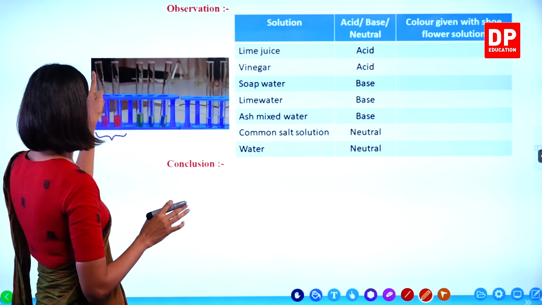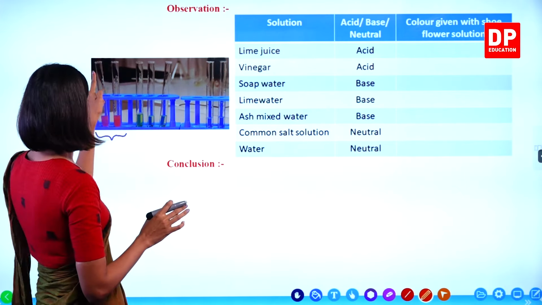So you will realize what the color changes are, just as I did, okay? So what color change took place with acids when you put a few drops of shoe flower boiled water into acids? It gave a very bright pink color, or you can simply say pale red in color, or bright pink in color. So actually they are shades of red.